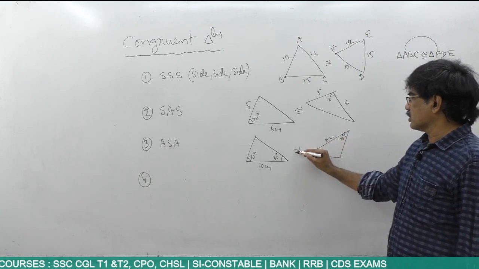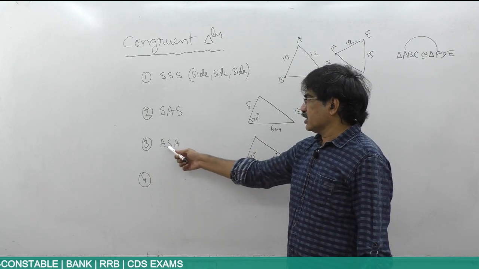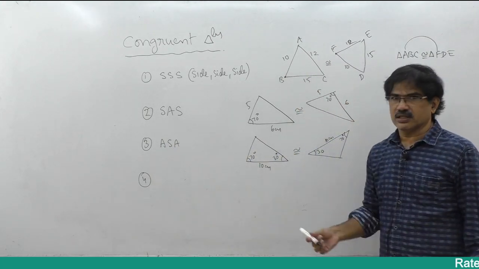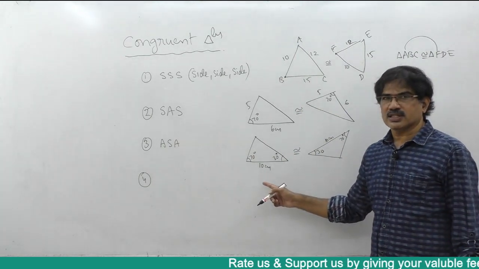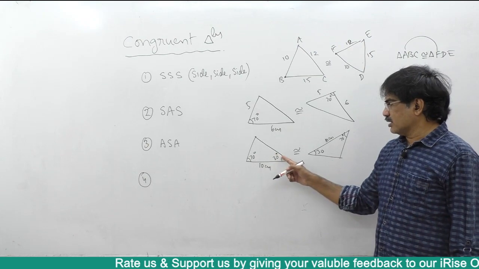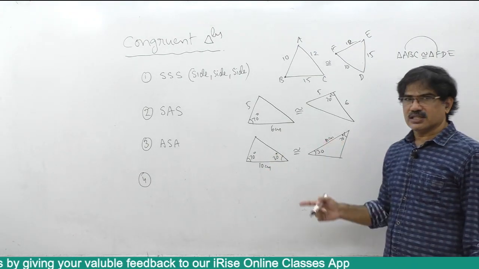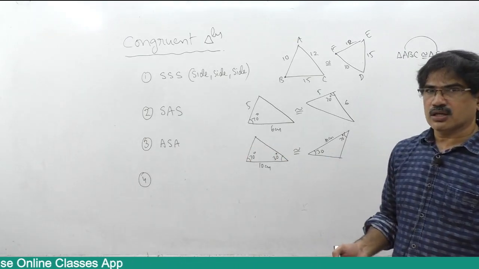We say that these two triangles are congruent. Two angles and included side. The side between two given angles is called the included side. If two angles and included side of one triangle are equal to two angles and included side of the other triangle, then we say that the two triangles are congruent.